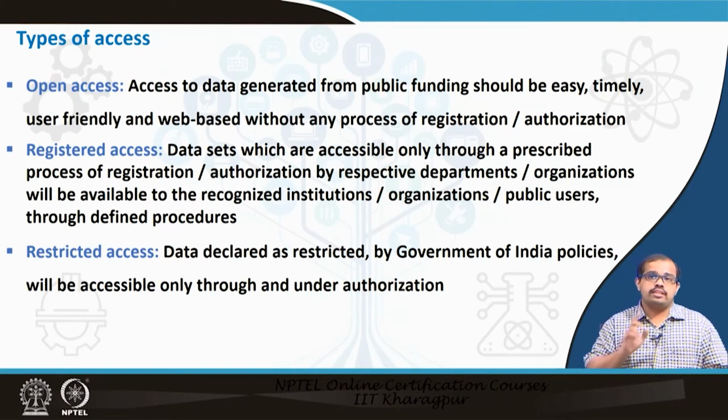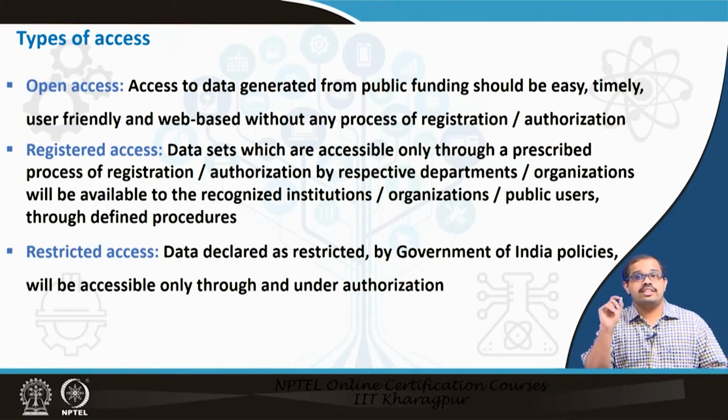And when we look at the policy, it also defines very clearly the type of access that is there. For example, open access. When I say open access, the access to data generated by public funding should be easy, timely, user friendly and web based, without any process of registration and authorization.